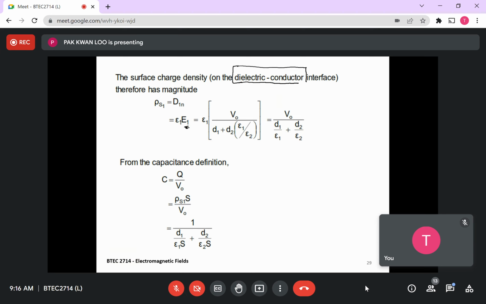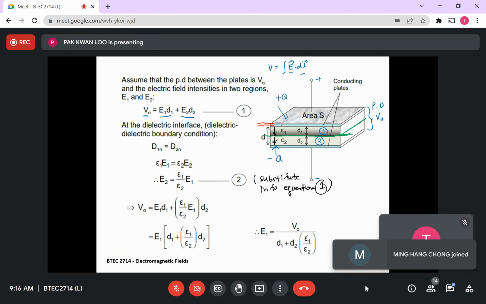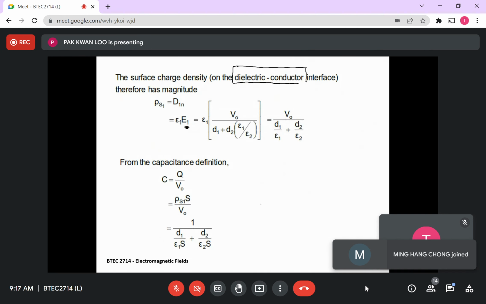So we have established the relation between the electric field and V naught. Okay. So subsequently, we have also established that V naught is related to the surface charge density.